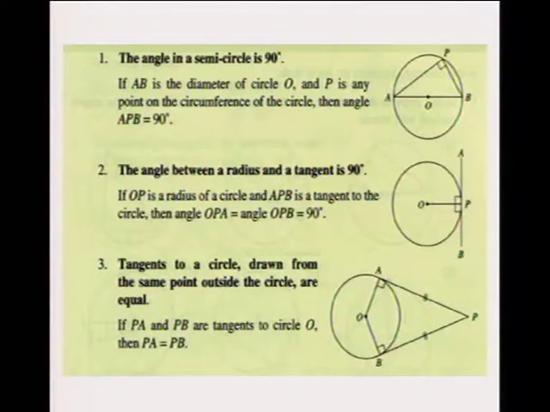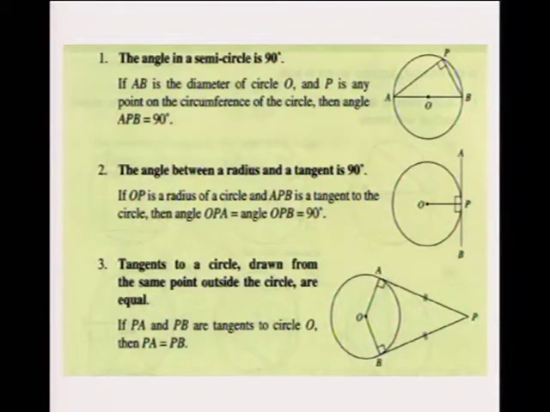The second one, the angle between a radius and a tangent is 90 degrees. So it goes through the center and to the line just touching the circle. We call that the tangent, is 90 degrees. So those 2 angles are equal, OPA and the angle OPB.